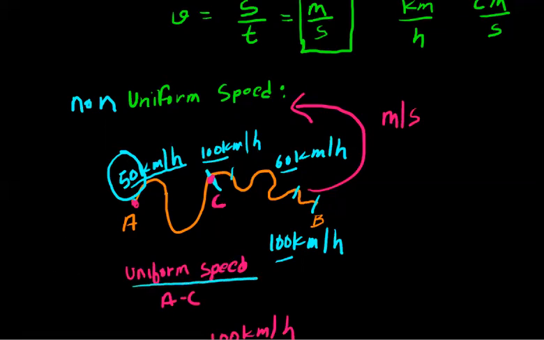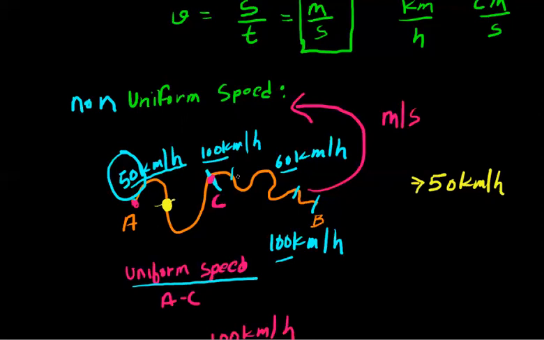Now if I measure the speed of the car at any given point, say at this point over here, it will be 50 kilometers per hour. This is known as the instantaneous speed at this time.